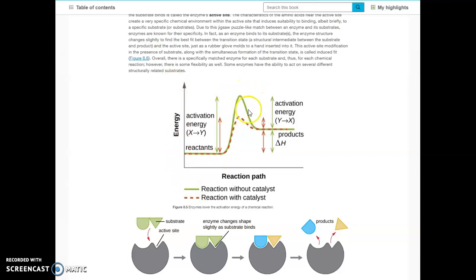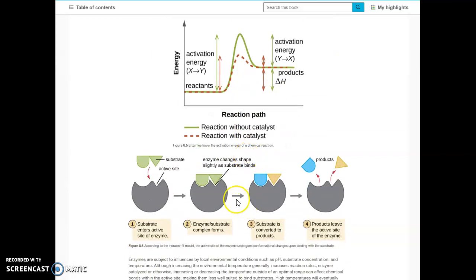We need a lot of activation energy. But with a catalyst, the red dotted line, we've lowered that amount. It's like pushing a rock up a hill: an enzyme would lower the height of the hill, so you're not going to have to use as much energy to push that rock up. It's not going to take as long for that reaction to proceed. So that's what enzymes do.